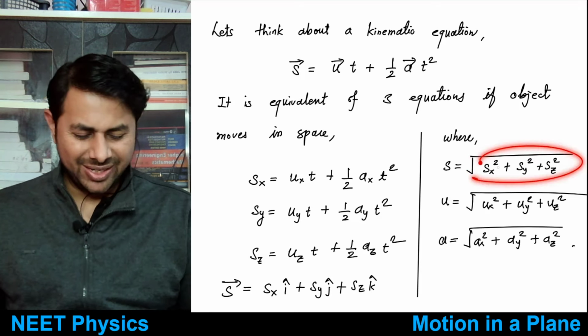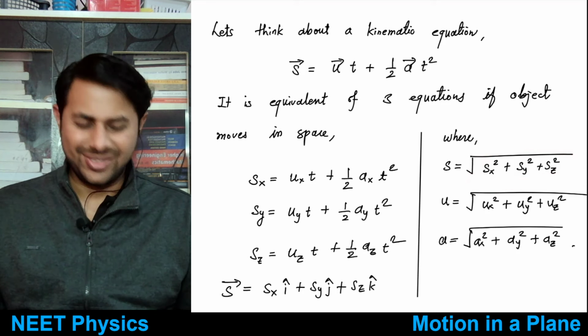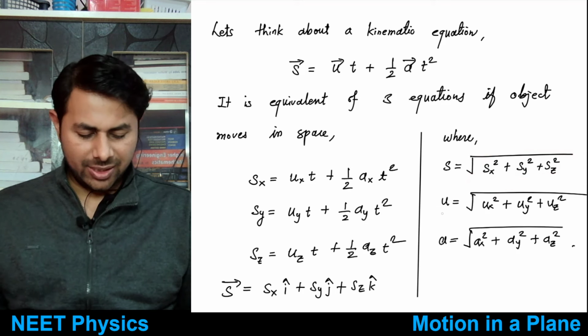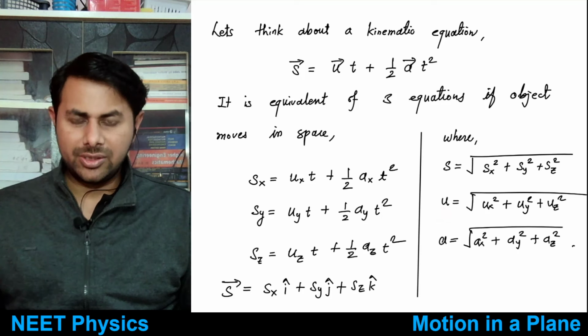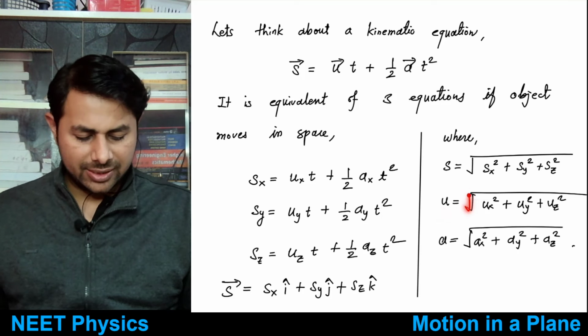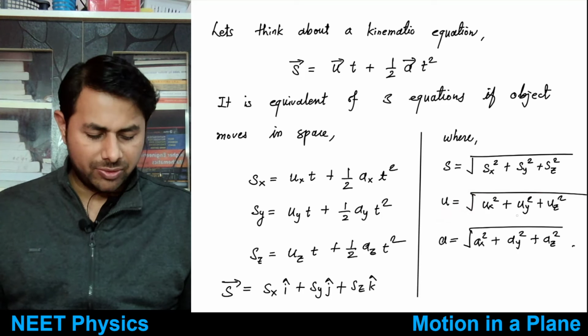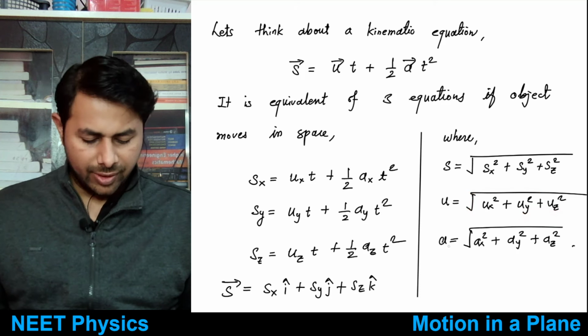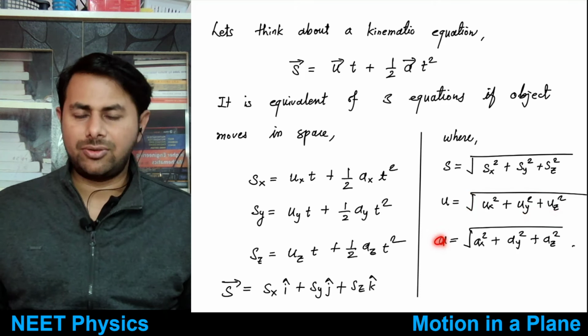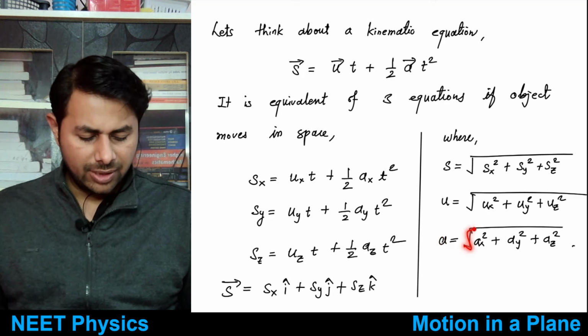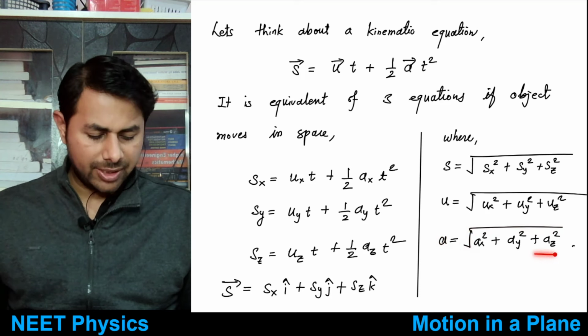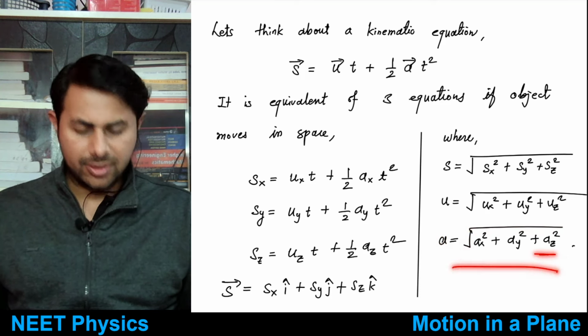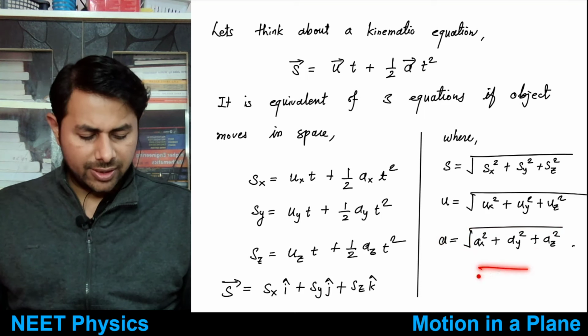It comes from the resolution, right? Similarly, what is u? U is the magnitude of velocity, and that is equal to square root of ux square plus uy square plus uz square. And what is a? It's the magnitude of acceleration. It is square root of ax square plus ay square plus az square. So this is clear, everyone?